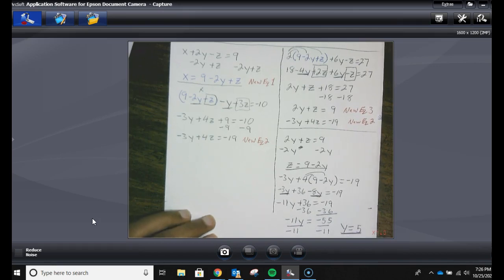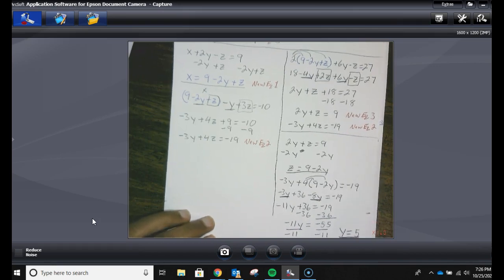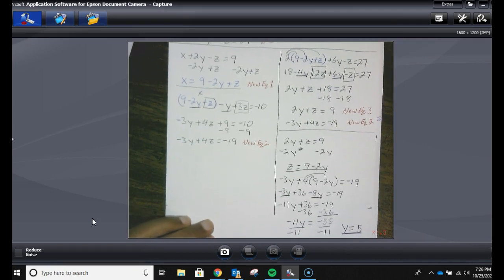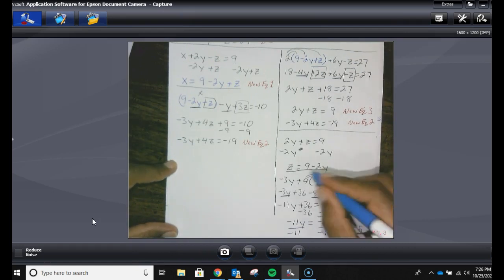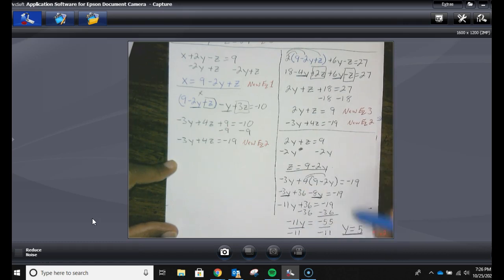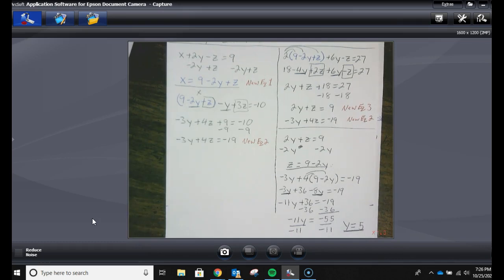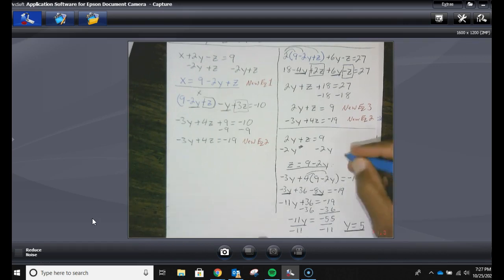Woohoo! Finally getting somewhere. So once you find y, you're going to go all the way back up to where we already solved for z and it has y in it. We're going to substitute in place of y what y is. I'm going to substitute right next to it so I can get z right quick. I'm going to do this all in blue.